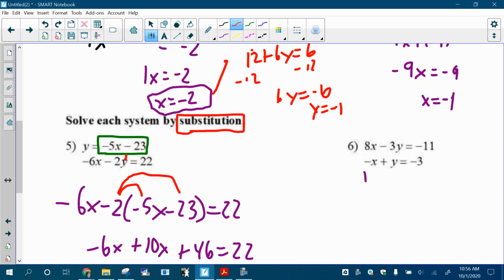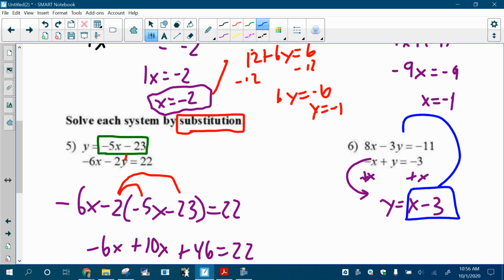And the easiest way to do that is to grab this second equation and just move the x over. Because then the y is by itself. And you got x minus 3. So by taking this equation and writing it like this, now it's all ready to be substituted in. I'm going to take x minus 3 and I'm going to stick it in the place of y right there.